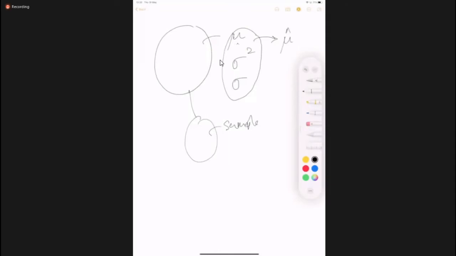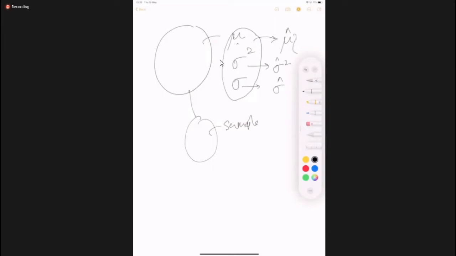If the population parameter is sigma squared or population variance, the particular estimator would be sigma hat squared. If the population parameter is sigma, then the particular estimator would be sigma hat.